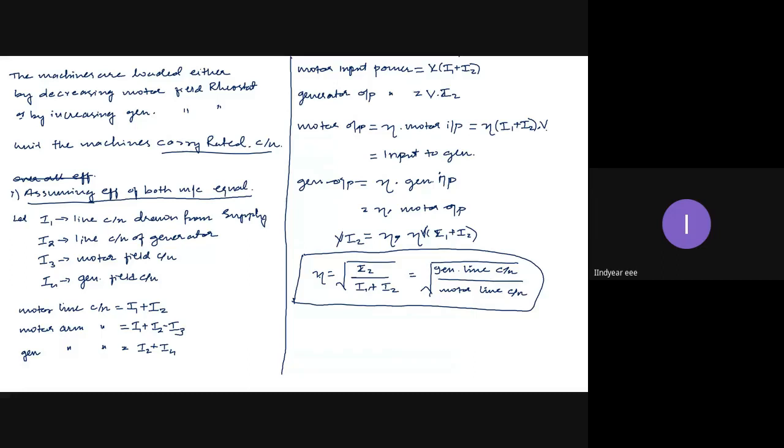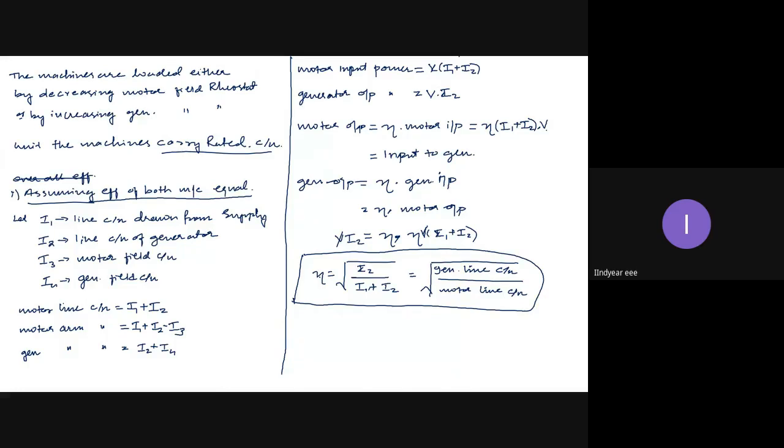Even if there are equal copper losses and equal iron losses, the total stray losses will remain different, because there can't be two machines exactly identical by size, nature, characteristic, and performance. Therefore, the machines' efficiencies will differ.